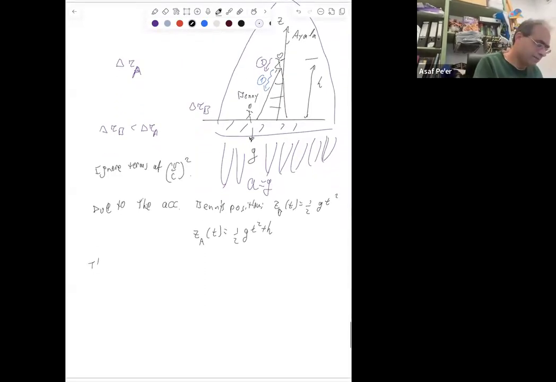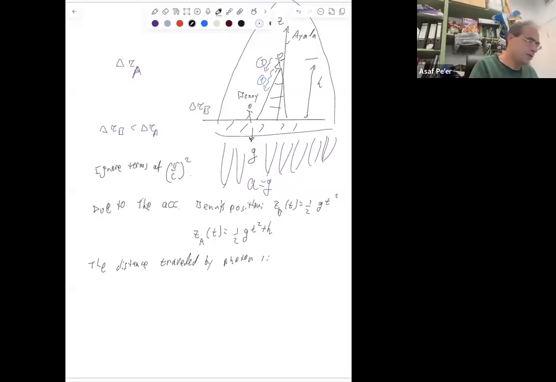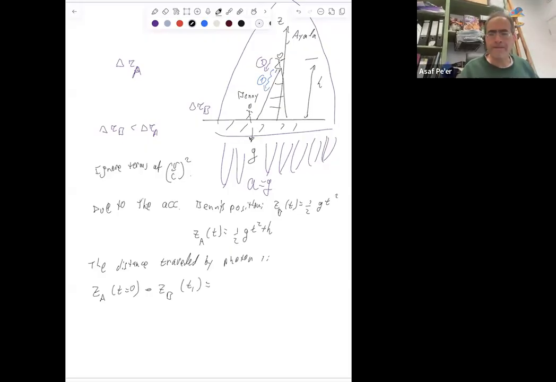So the distance traveled by photon 1 is Z Ayala at t equal to 0 minus Z Benny at t1, right? And the photon, of course, travels at the speed of light, so this is C t1.